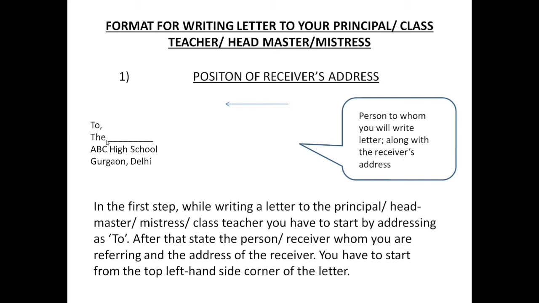Then we have to write the address of the receiver. The address of the receiver means, obviously, the name of the school or the institution, for example ABC High School, which is given here as an example. And then, in the next line, we write the proper address where the school is situated. If it is in Gurgaon, Delhi, then write Gurgaon, Delhi, or any place you can mention.